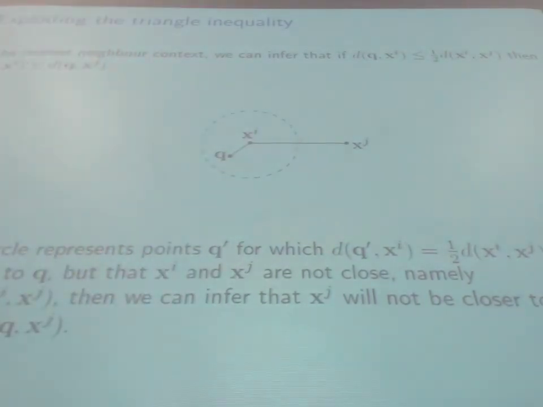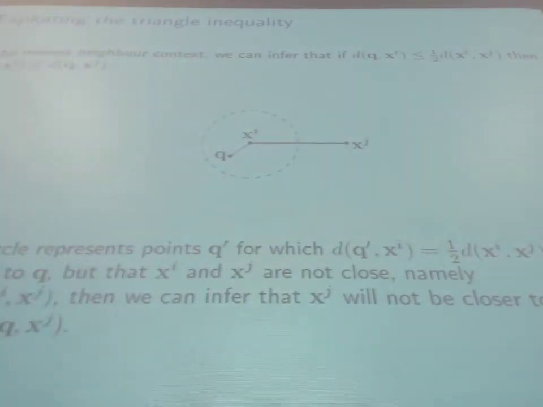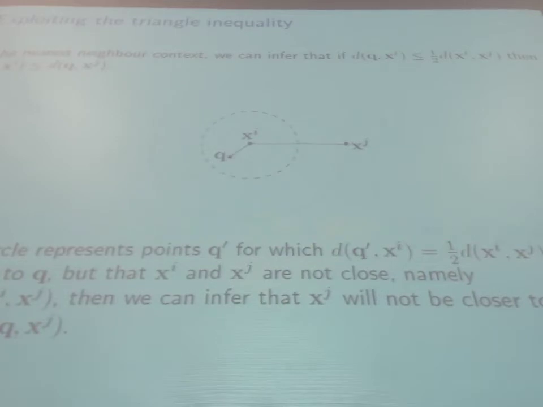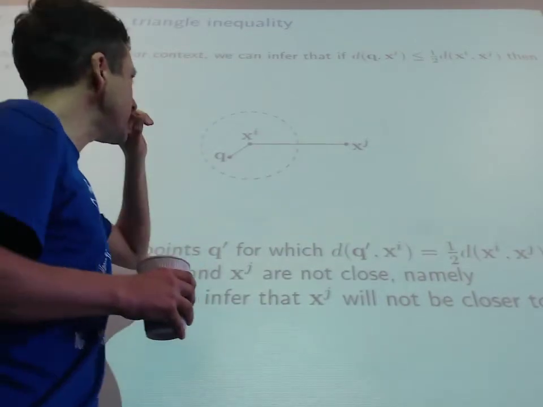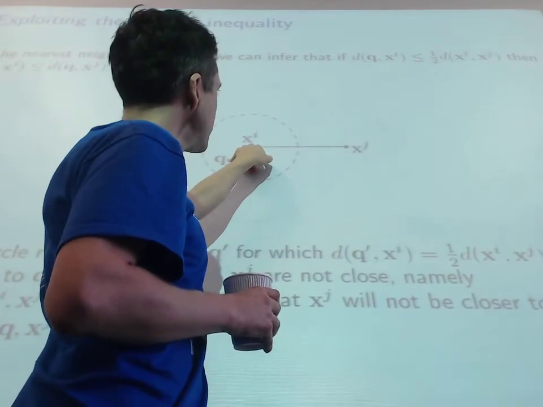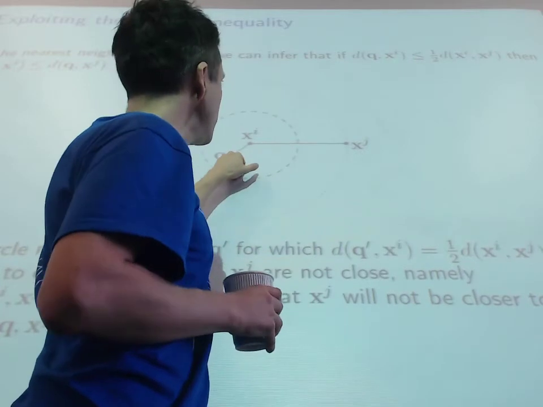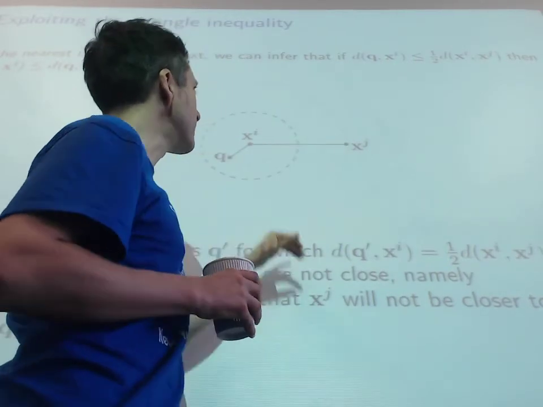We've also pre-computed all of the inter data point distances, the distance between xi and xj, and you store that in some big matrix. We call dij the distance between xi and xj. The basic point is that if you know that the distance from Q to xi is less than half of the distance between xi and xj, then there's no way that Q can be closer to xj than it is to xi.